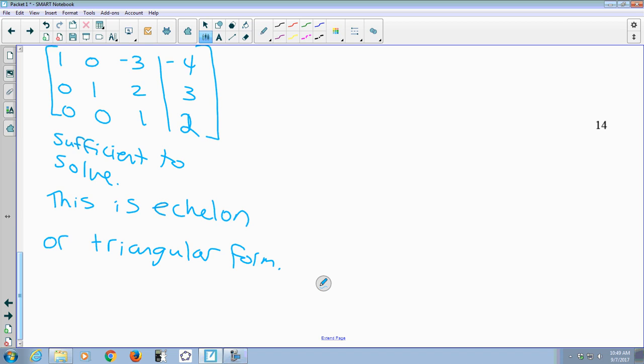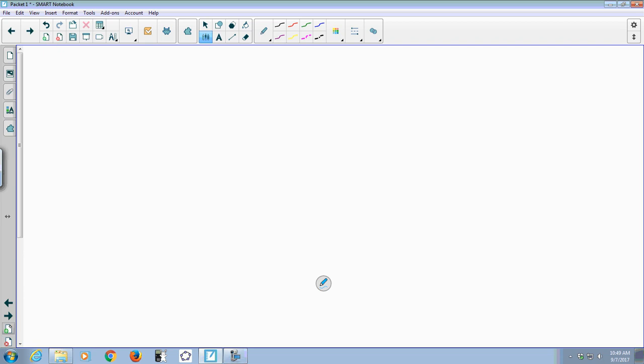All right, I'm going to go to a new slide here and copy my matrix. 1 0 0, 0 1 0, -3 2 1, -4 3 2. All right, so now I'm going to do the backwards phase where I'm going to work right to left.